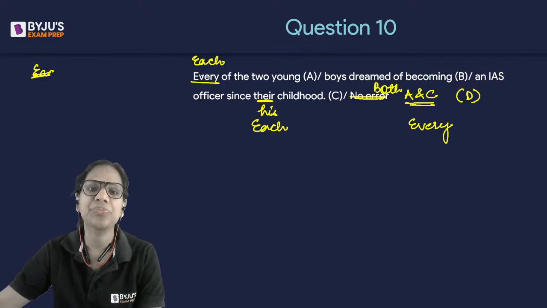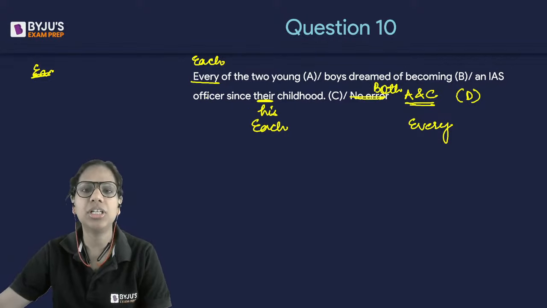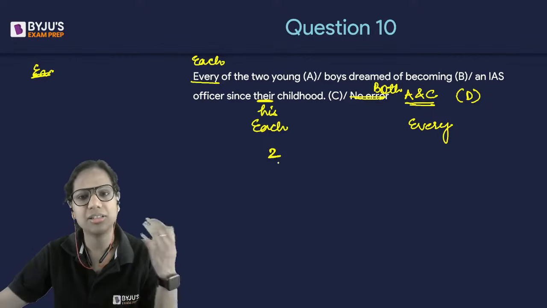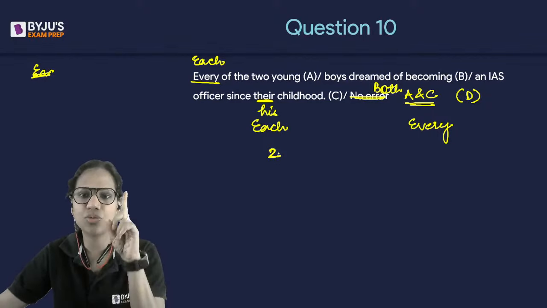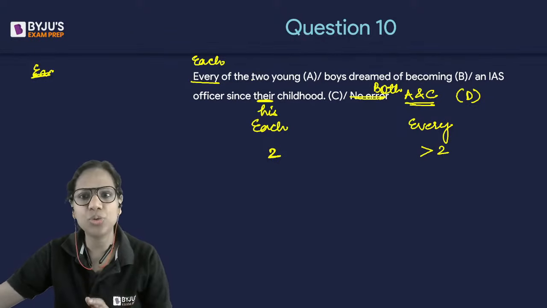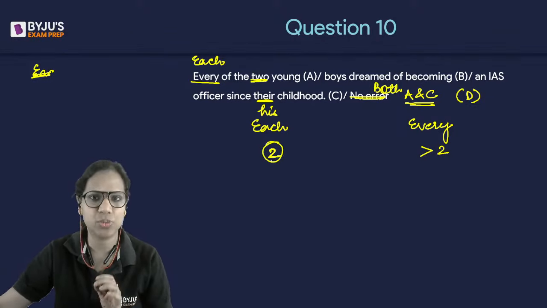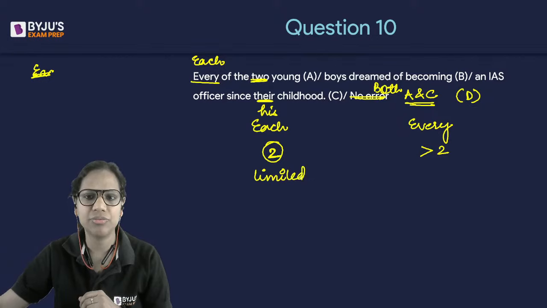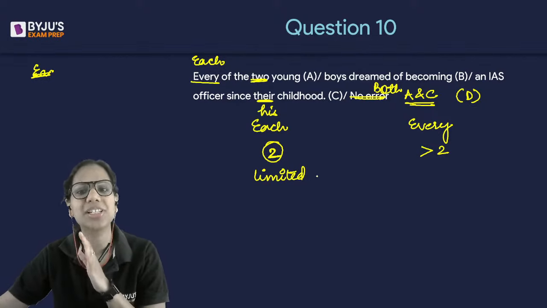I'll tell you why. See, so first of all, each is used when we have two entities, just like either, neither. Each is used for two entities. Every is used when we have more than two entities. यहाँ पे two young boys हैं, so each will be used. Another difference between the two is that each is used when we have a limited set, when we know what the upper limit is.